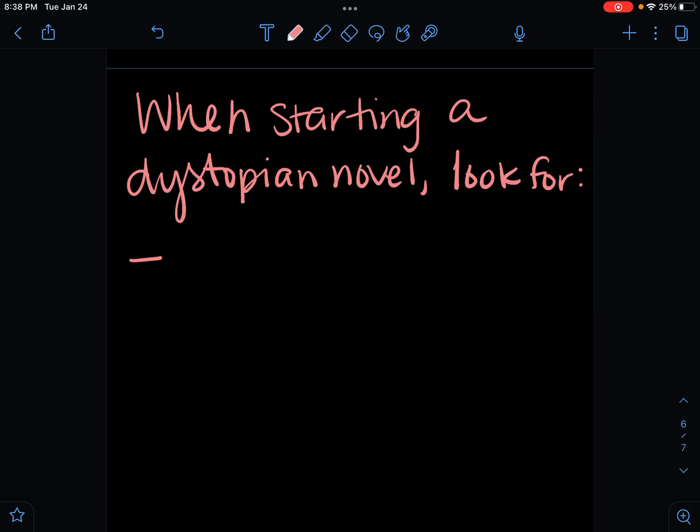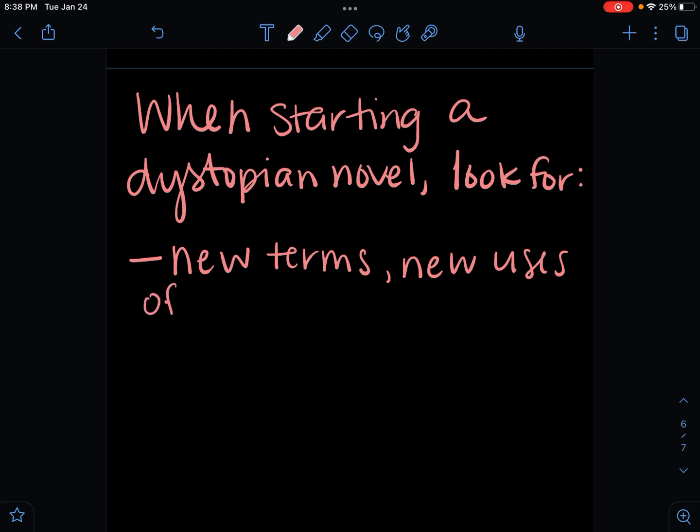The word equality didn't mean what we think of. They meant different things. And so words will sometimes mean different things, or there will be new terms. So you're going to look for new terms or new uses of words you know.